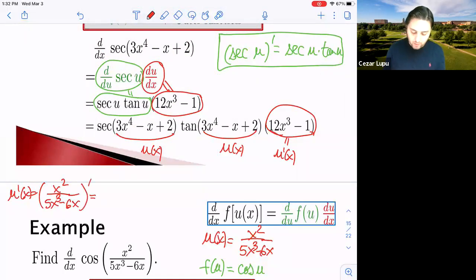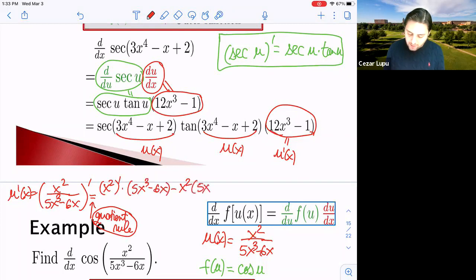So this will be, by the quotient rule, x squared prime times 5x cubed minus 6x, minus x squared times 5x cubed minus 6x, everything prime, and everything over 5x cubed minus 6x, everything squared. Okay. All right. So we computed the derivative of the, oh, wait, let's go with the computation.